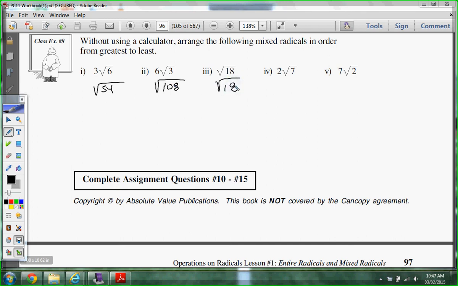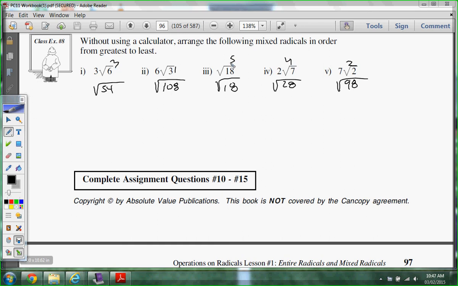We leave it. What would this one be? 28. Yep. And then here? 98. Good. So this is number 1. This was number 2. Number 3. Number 4. Number 5. That's how we'd order them.